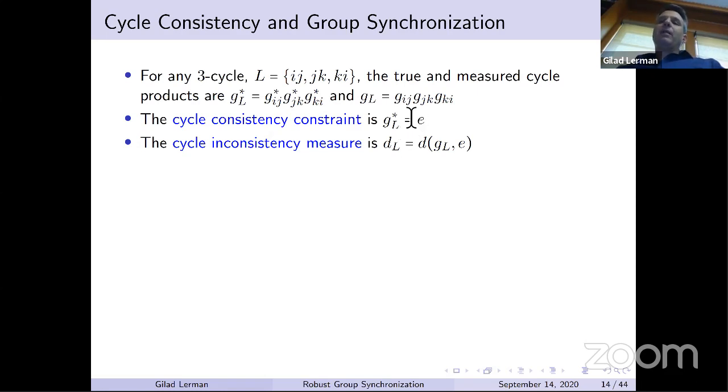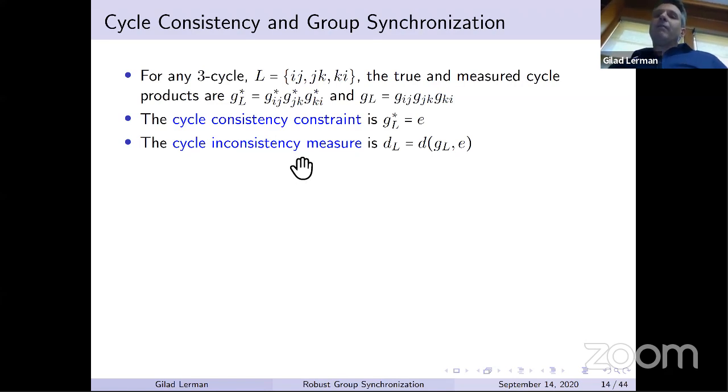For the measured one, it might not hold, but I want to measure the distance between the cycle product of the measured one and the identity, or the cycle product of the ground truth information. This is called the cycle inconsistency measure.